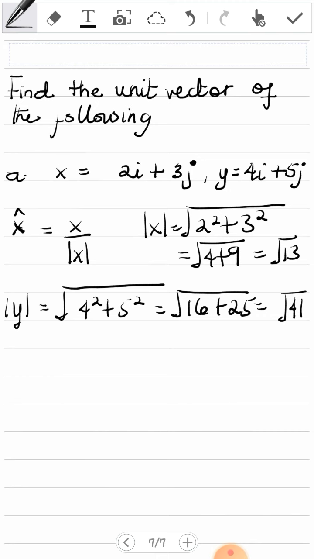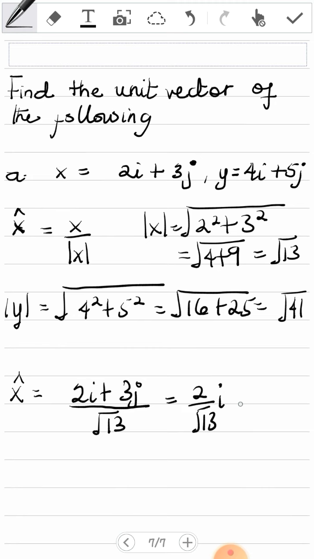Alright, so from here, let's go to the x. So x cup. So what's x? The vector for x is 2i plus 3j over root of 13. So with this, we could further separate them. Yes. So we are going to get 2 over root 13 i plus 3 over root 13 j.